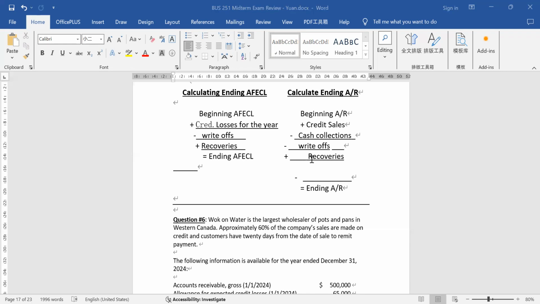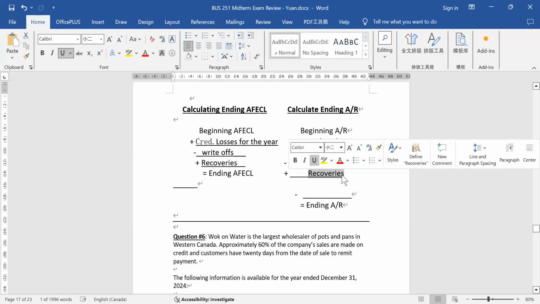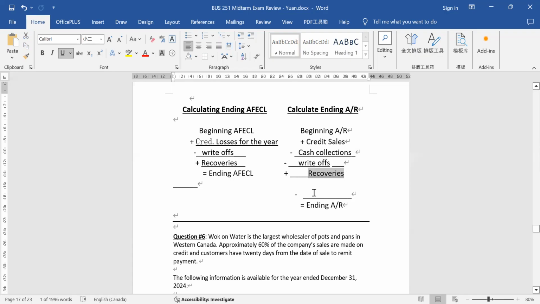But using this aging method, you have to pay attention that you add these recoveries back, but at the same time, we assume that we have collected all the money, like this amount is paid out. So you have to decrease this recovery again. This is different from the previous method.